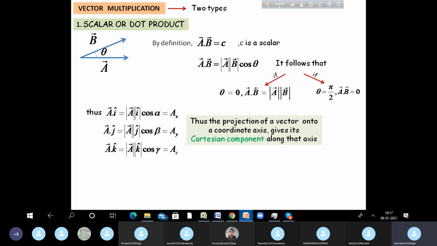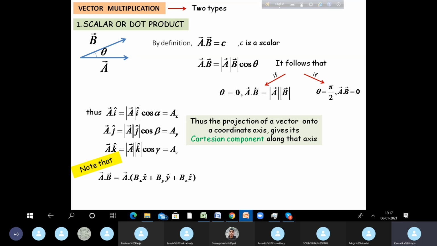So this is another way of looking at the components of a vector. What are the components? The components are nothing but the projection of a vector along that particular coordinate axis. So from the definition of dot product, we get this point of view about the components of a given vector.